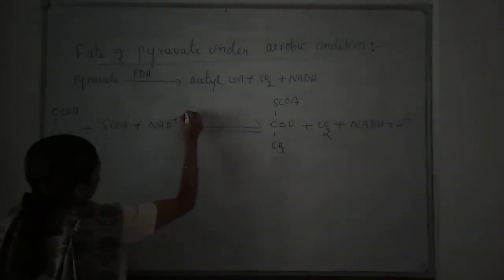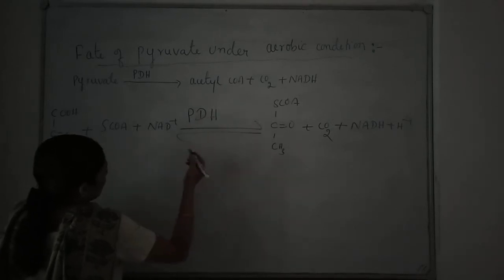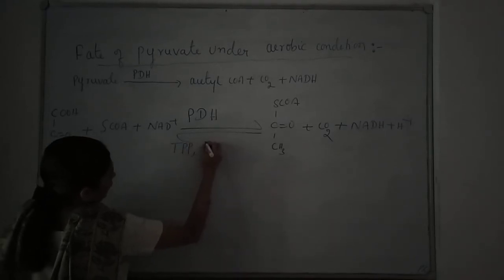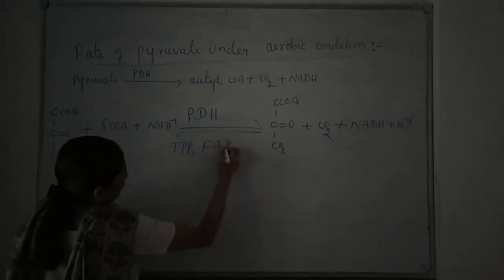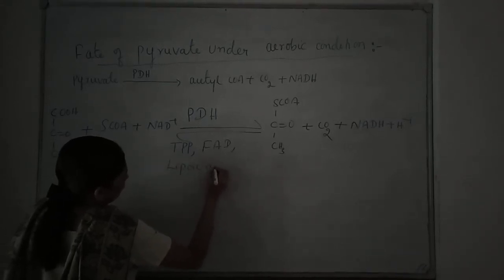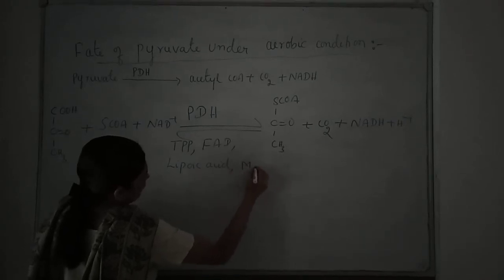The enzyme involved is pyruvate dehydrogenase complex, which is also known as PDH. This reaction also requires coenzymes like thiamine pyrophosphate, flavin adenine dinucleotide, lipoic acid, and the cofactor magnesium.